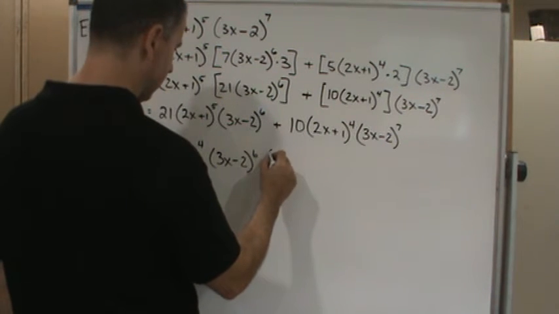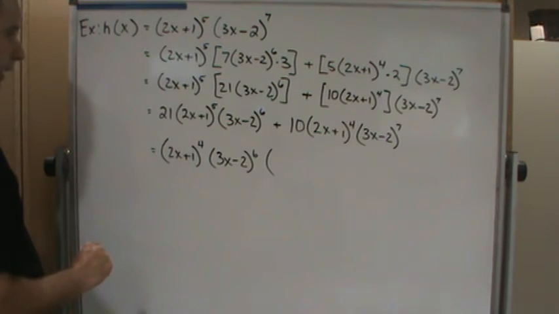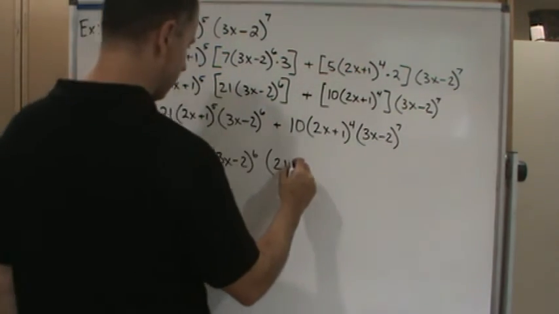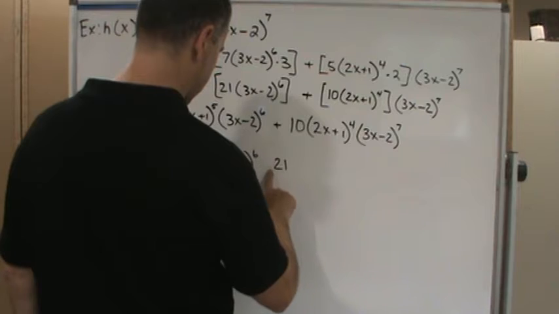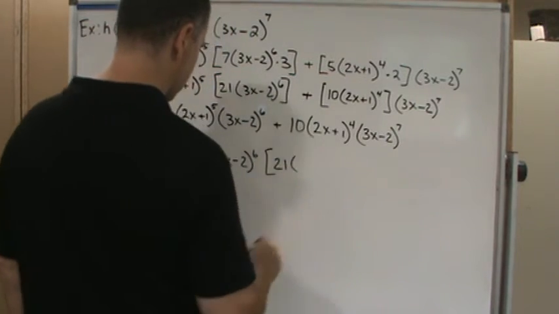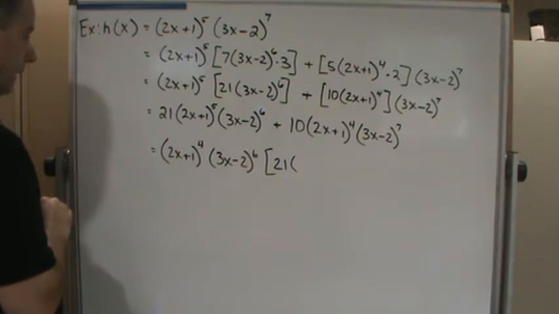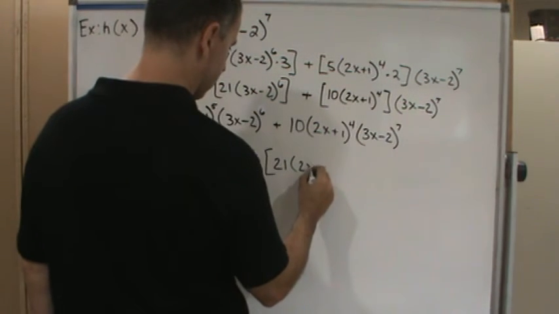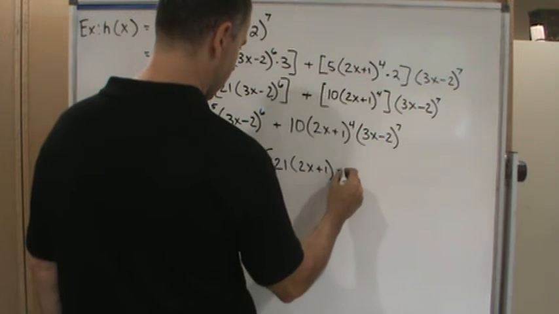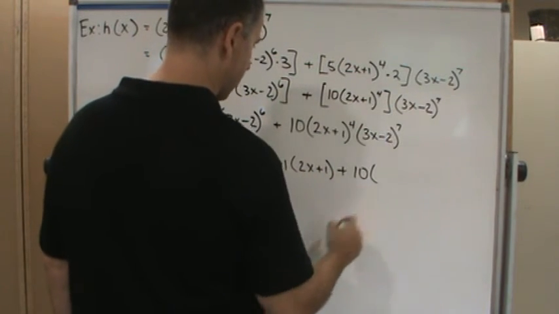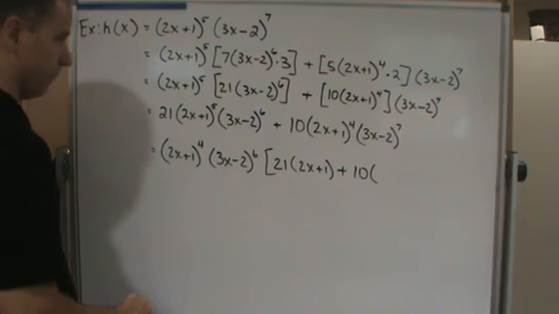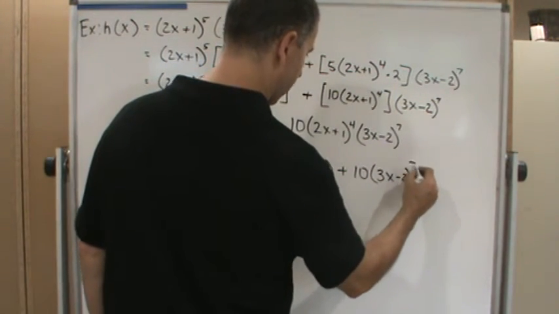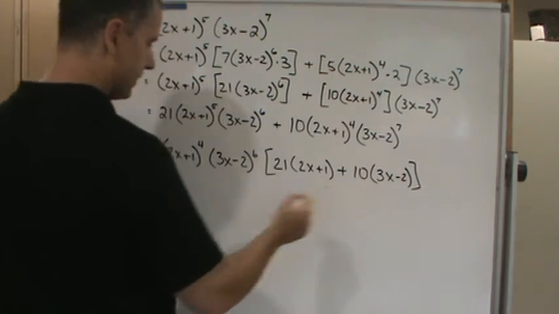And that's going to leave what? 21 times, let's do it this way, 21 times what? (2x + 1) plus 10 times (3x - 2). And now we can simplify this.